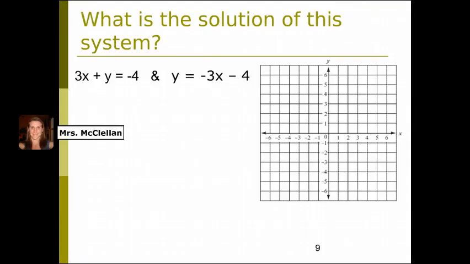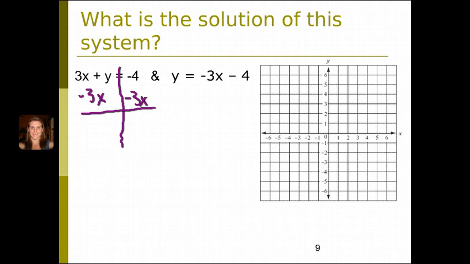The next example is just another system where we have to solve for y before we're allowed to graph. So in order for us to do this, we need to subtract 3x from both sides. You get that y equals -3x minus 4. To graph this line, you're going to start at -4.